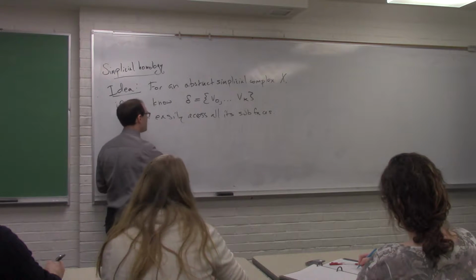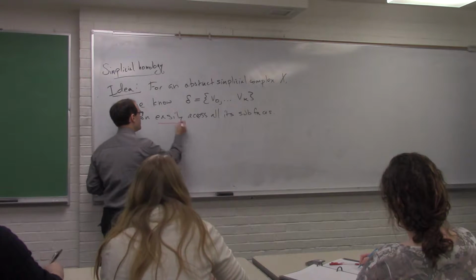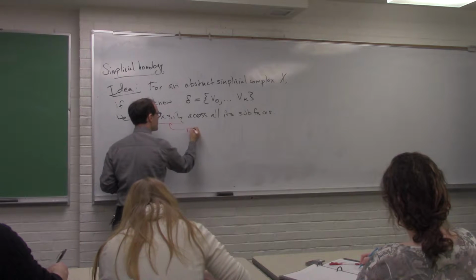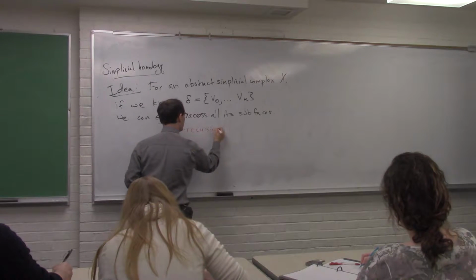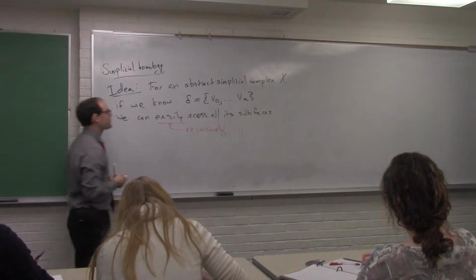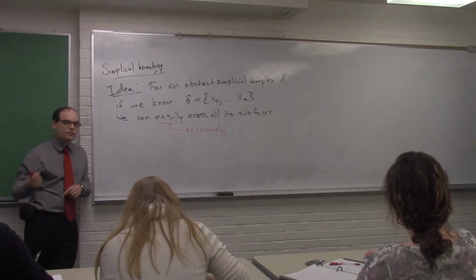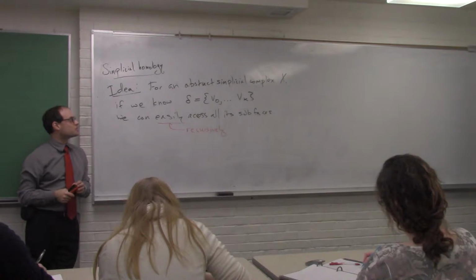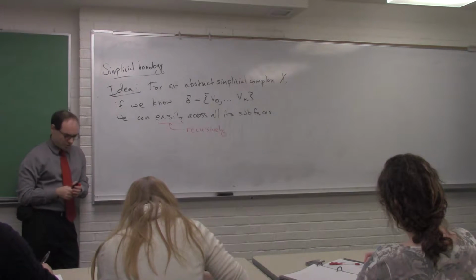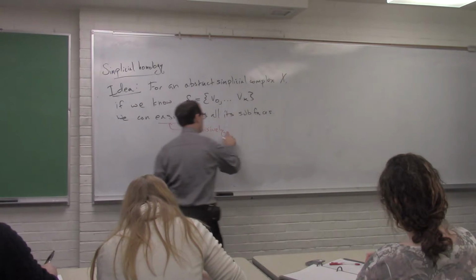And the easily part of this, which is important from a computational standpoint, is recursive. We recursively access all of the subfaces, basically by purely referring to the previous time we asked for subfaces. So in fact, we recursively descend in dimension.